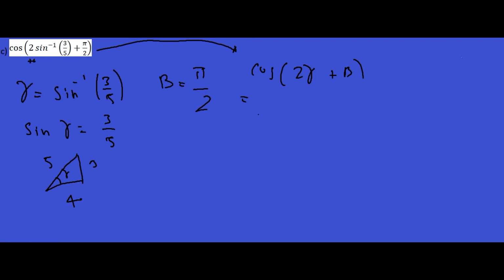The formula is cosine 2 gamma multiplied by cosine B minus sine 2 gamma multiplied by sine B. Cosine B is pi over 2, so cos pi over 2 is 0, so we can ignore this expression, since when we multiply with cosine B, we will get 0.